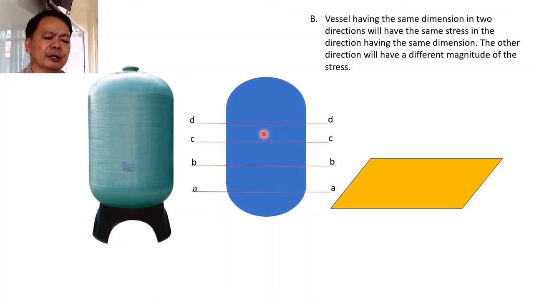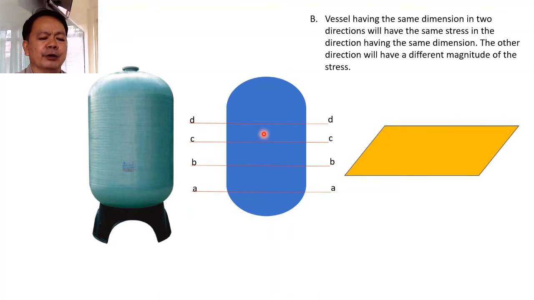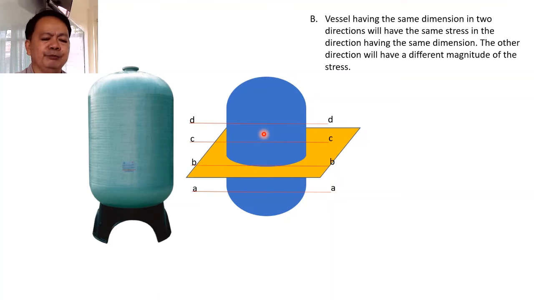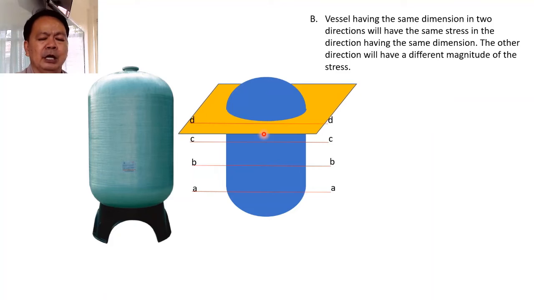When we pass an exploratory section, for example section AA, or section BB, or section CC, or section DD, we will get the same magnitude of the stress.